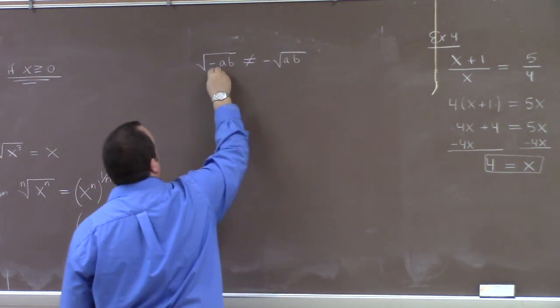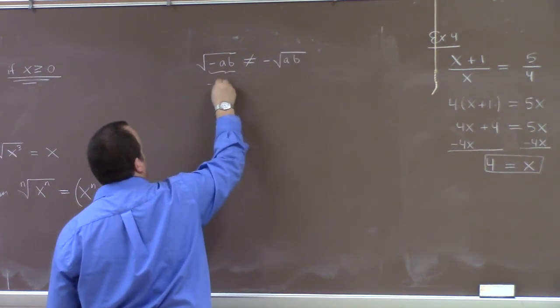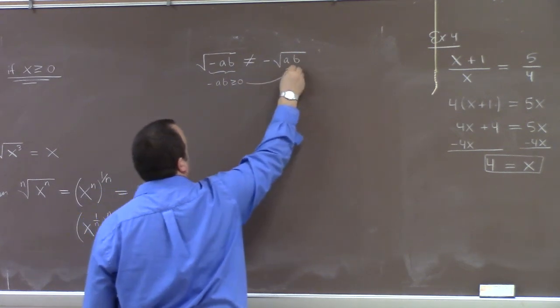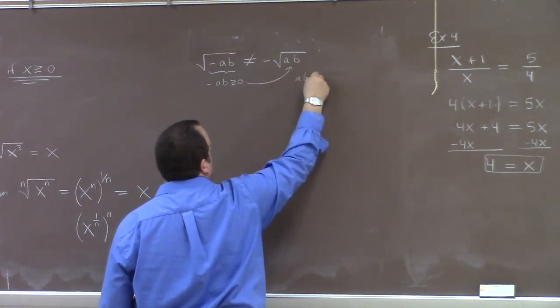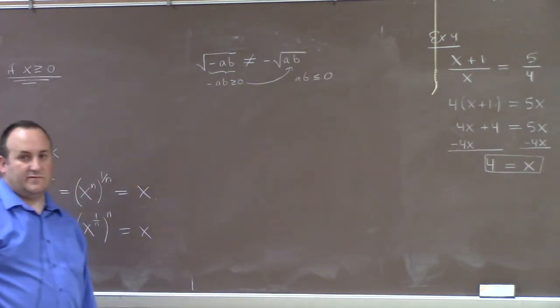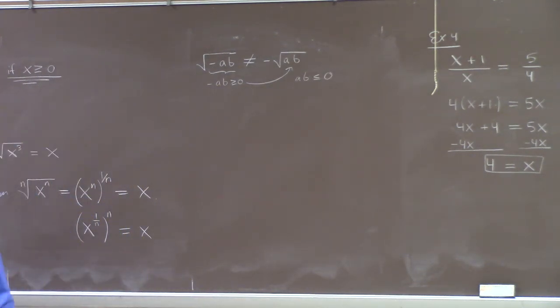For this to be true, we'd need that minus AB was greater than or equal to 0, which then would say that AB is less than or equal to 0. And then we'd have the square root of a negative number possibly, and that would be bad, because we don't do that in here. Until the very end of the course, Chapter 7, the quadratic equation. There we do complex numbers, all right?